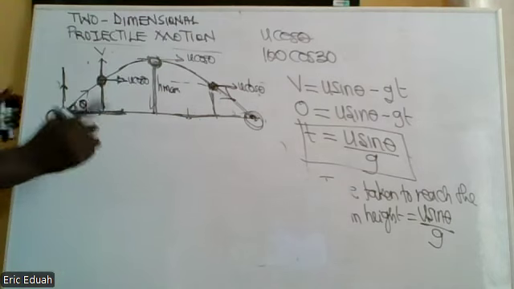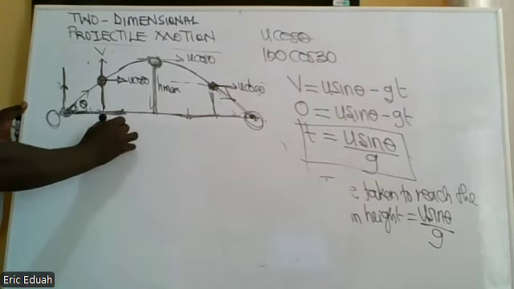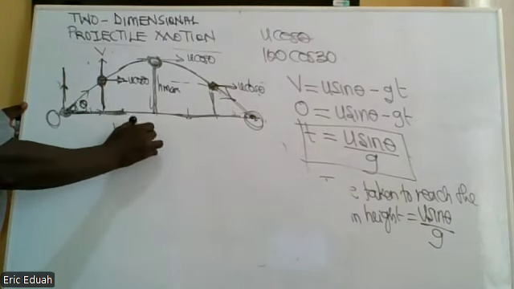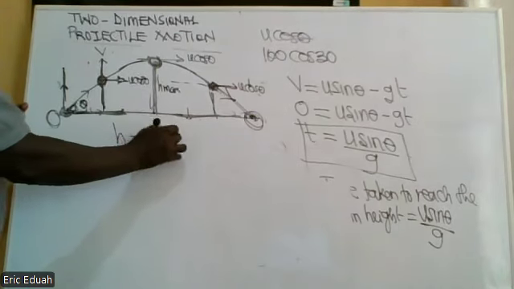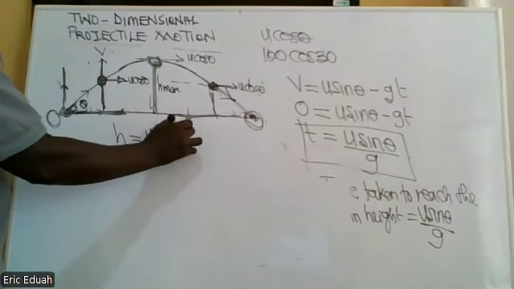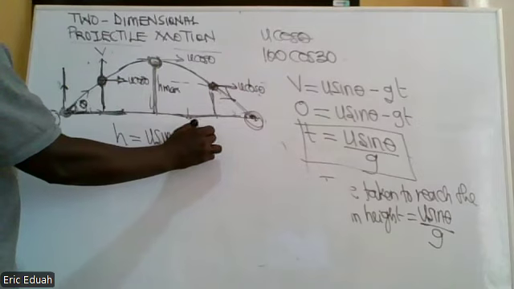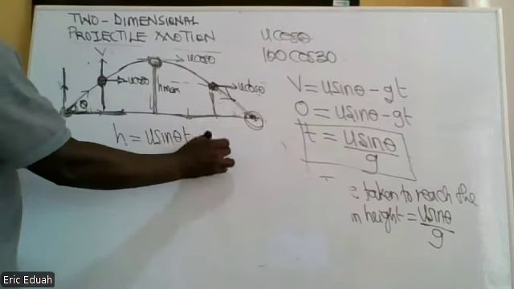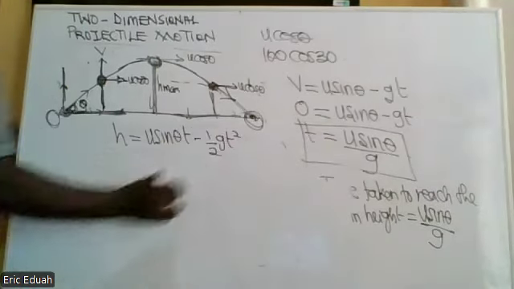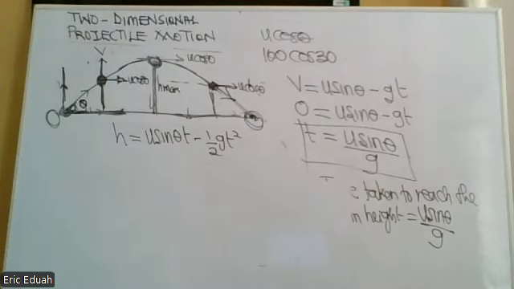So we saw that h is u sine theta t minus half g t squared. This is the equation we can use to calculate the vertical height or vertical displacement at any time.